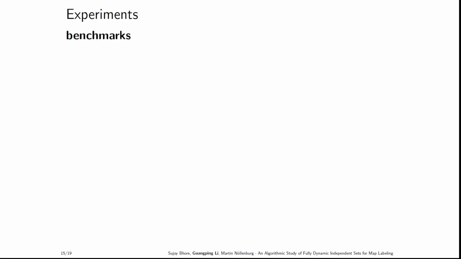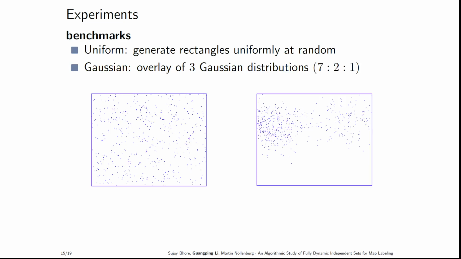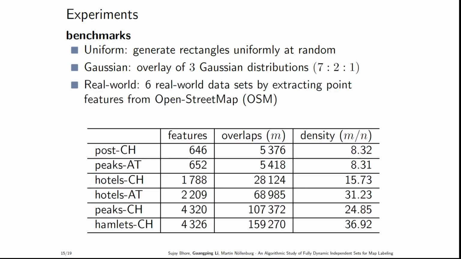In the uniform model, we generate centers of rectangles uniformly at random, and in the Gaussian model, it is an overlay of 3 Gaussian distributions where 70% of the centers are from the first distribution, 20% from the second, and 10% from the third one. We also created 6 real-world data sets by extracting point sets from the OpenStreetMap dataset. They have different distributions and densities.